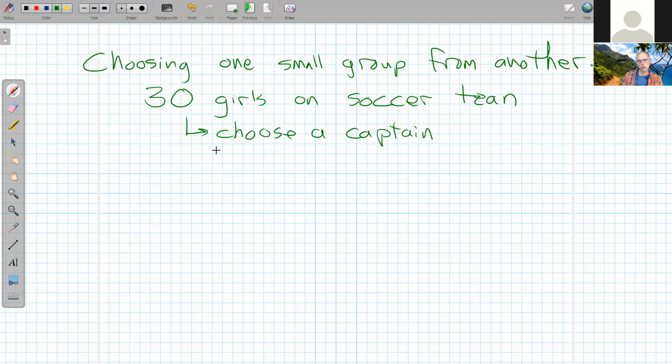And then we also choose a backup, right? Like an assistant captain or backup. So the question is, how many ways are there to choose a captain and an assistant captain? So, possibilities.